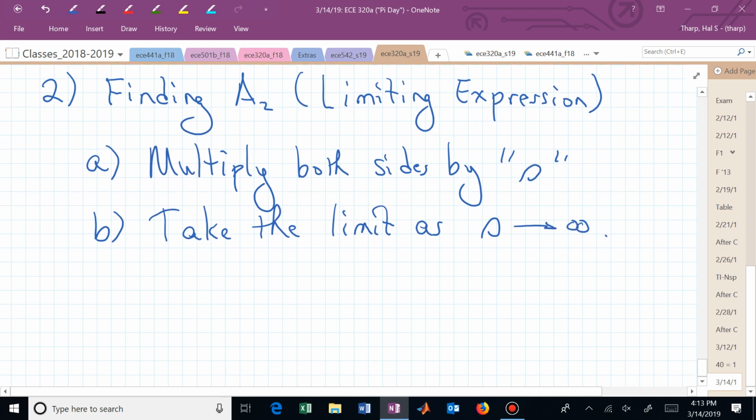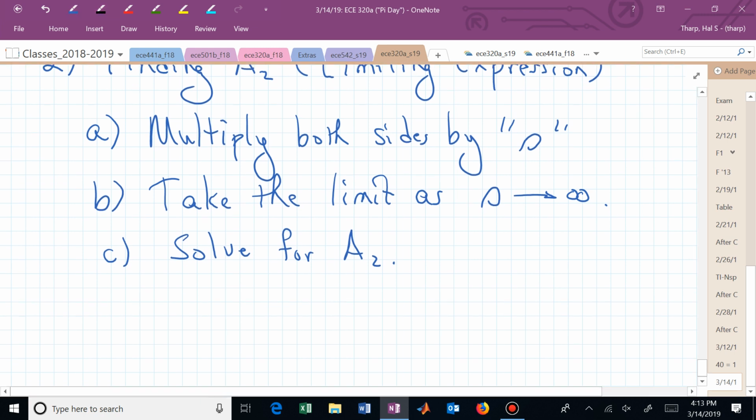Let s grow, and then see what happens, and that now allows me to solve for a sub 2. Let's do that in this example.